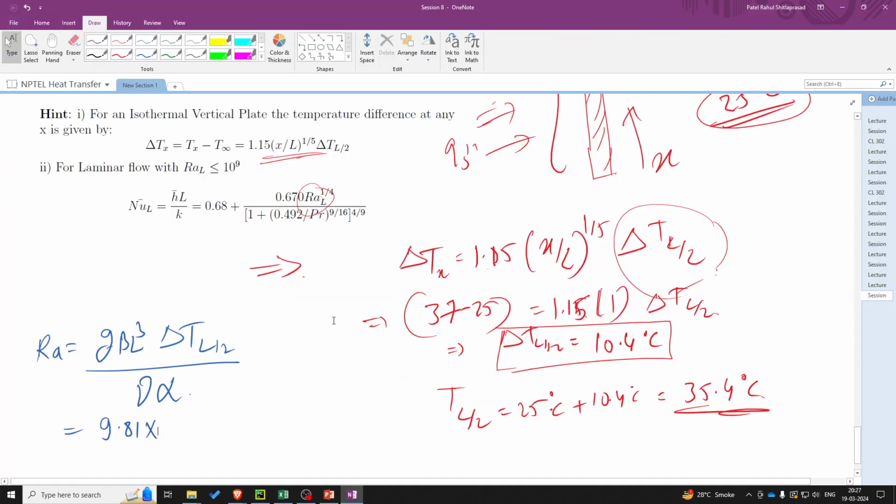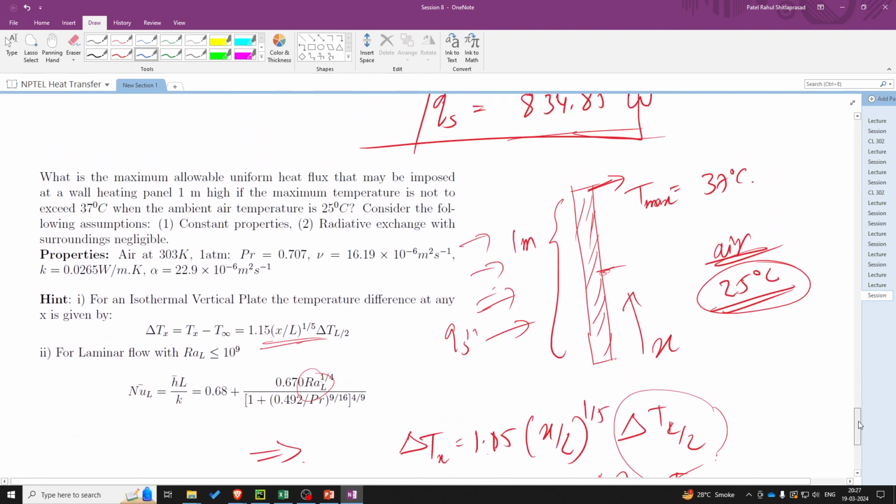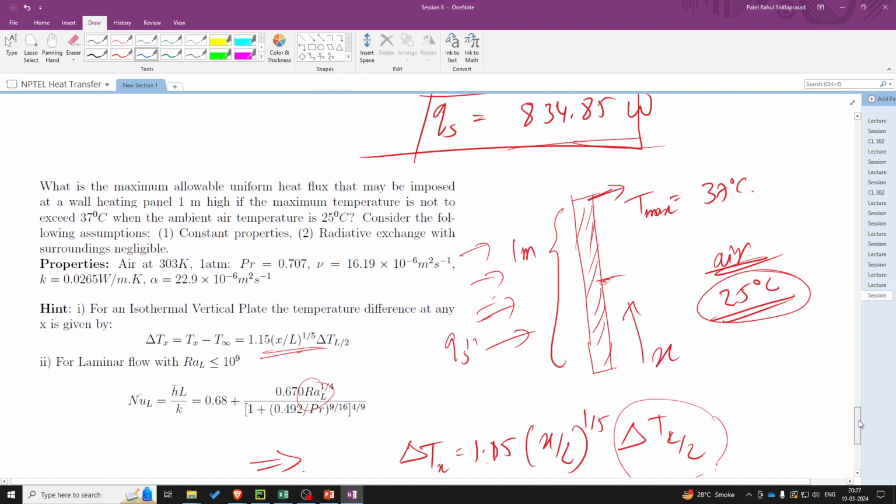So I'll just share the solution methodology. If we just put the value of beta over here, then the value of length you can straight away put as 1 meter, whatever we have been given, then delta T at L by 2 we calculated, and mu and alpha we have been given.